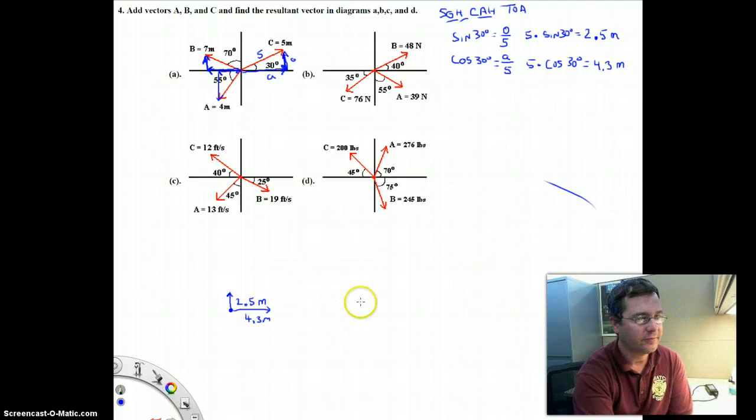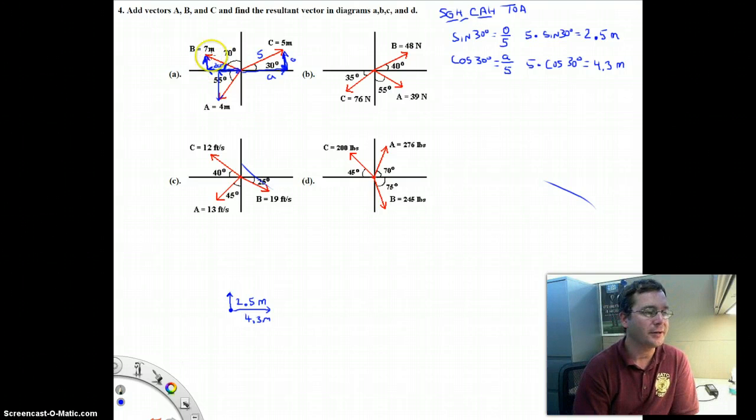Now, the process is precisely the same for this second triangle that has a hypotenuse of b, length 7. So let's go take a look at that. So the first thing we have to do is we have to figure out this included angle. Well, the included angle is the complement to 70 degrees, which is just simply 20 degrees, because complements add to 90.